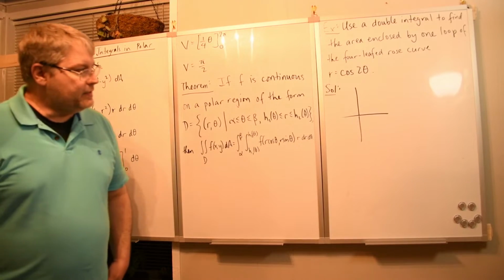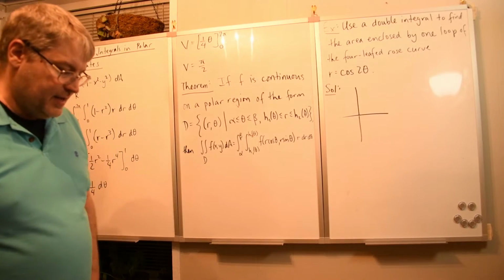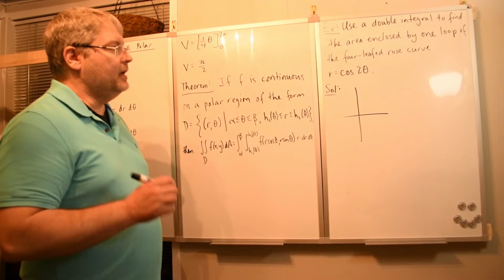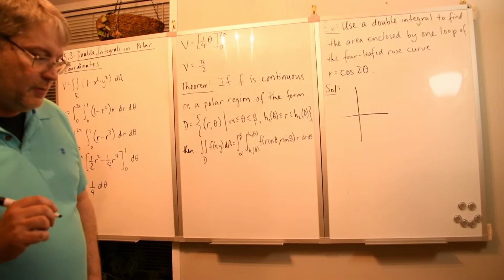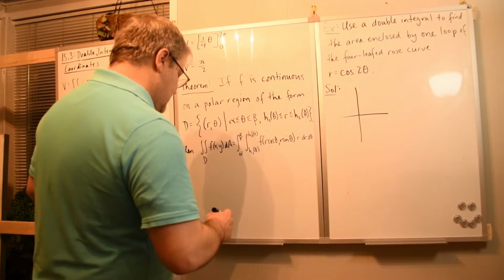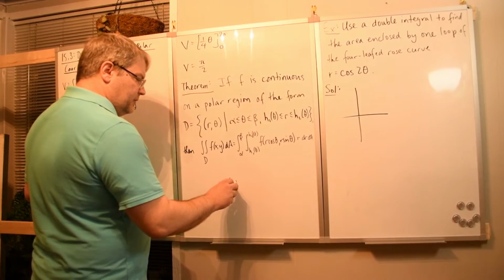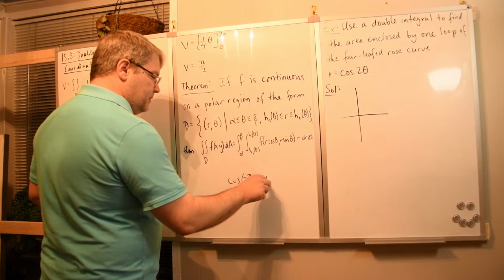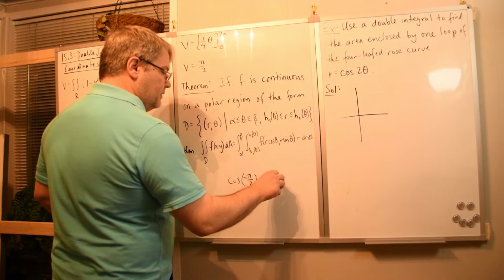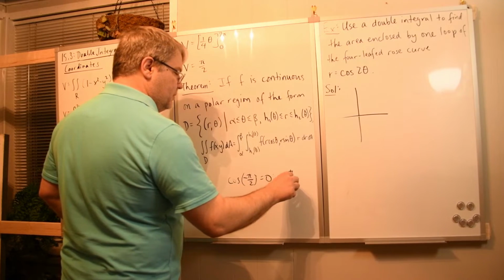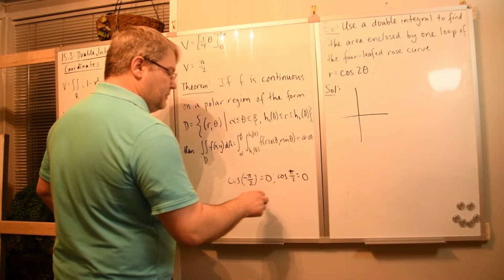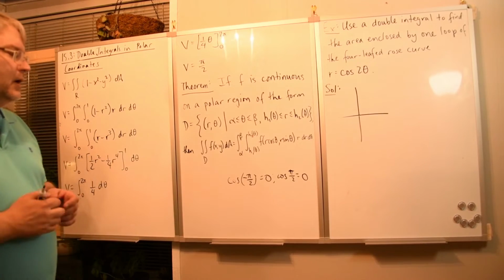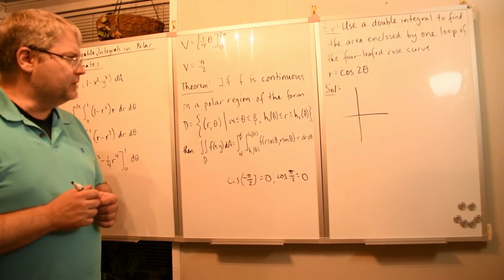Well, we know that the cosine of negative pi over 2 and the cosine of positive pi over 2 are both equal to 0. Those are consecutive angles where your cosine value is equal to 0.